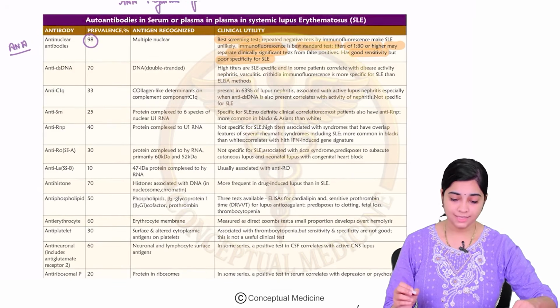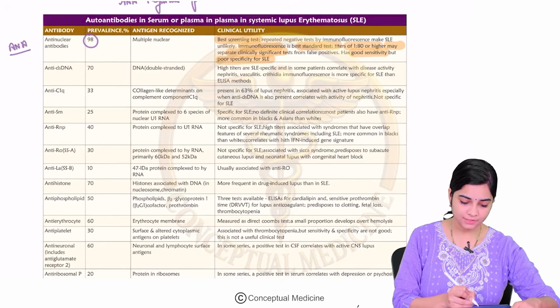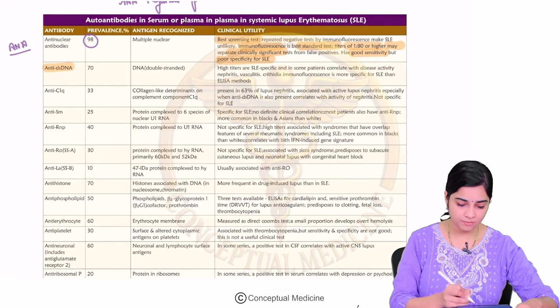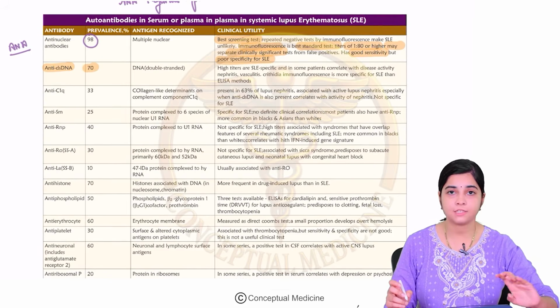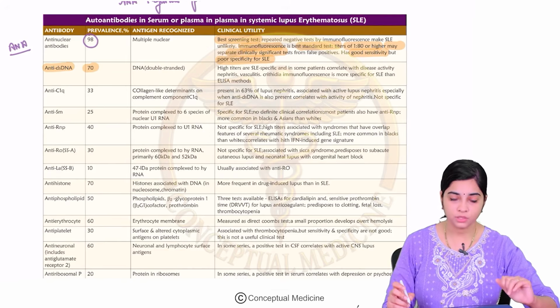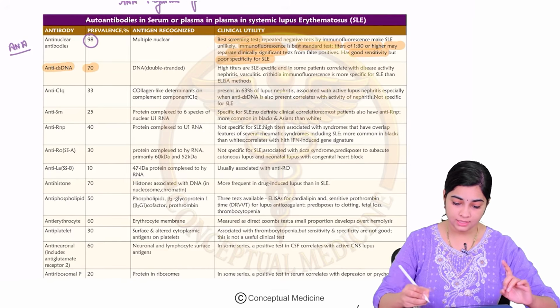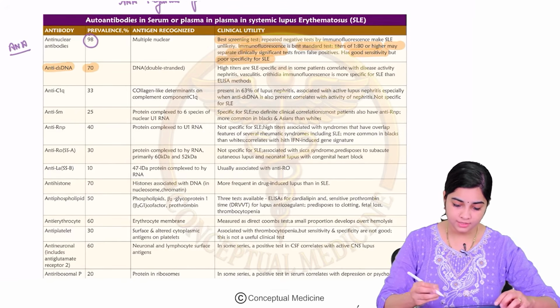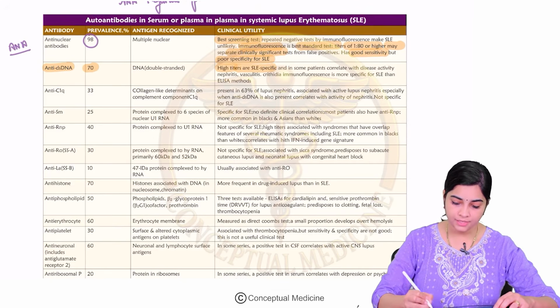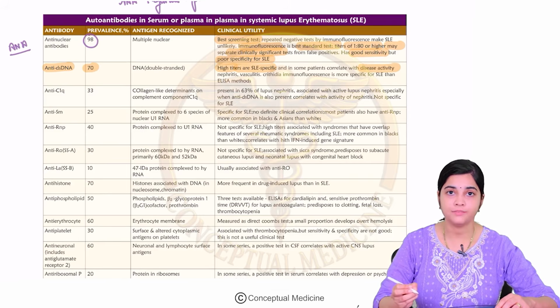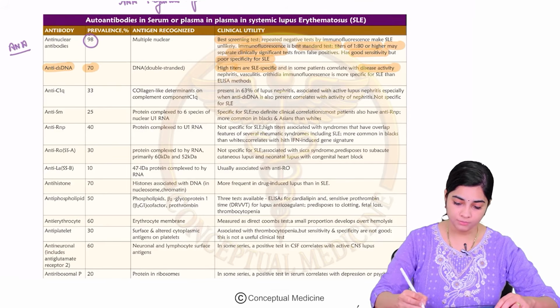Right. So the next antibody in SLE that we should be aware of is the anti-dsDNA antibody, which is seen in 70% of individuals with SLE. DS stands for double-stranded DNA. Remember that dsDNA is highly lupus specific. High titers are highly SLE specific, and they correlate with disease activity. This is a most important point.